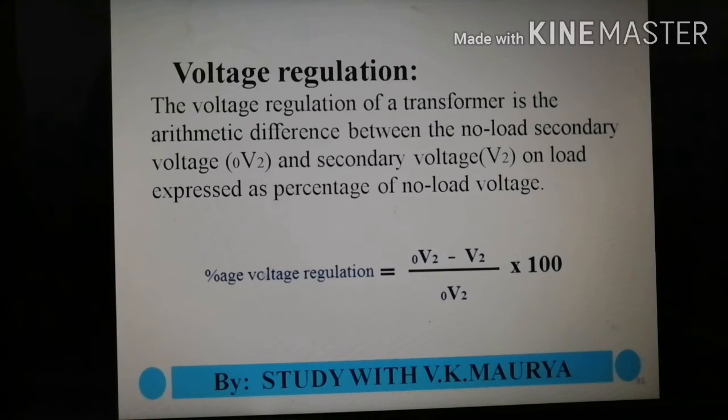That's why the percentage voltage regulation is equal to the difference of no load to full load secondary voltage, divided by the no load voltage. See, this one is the no load voltage, this one is the full load voltage. This is the difference between no load and full load, and this one is the no load voltage at the secondary. The ratio of these two is known as the percentage voltage regulation.